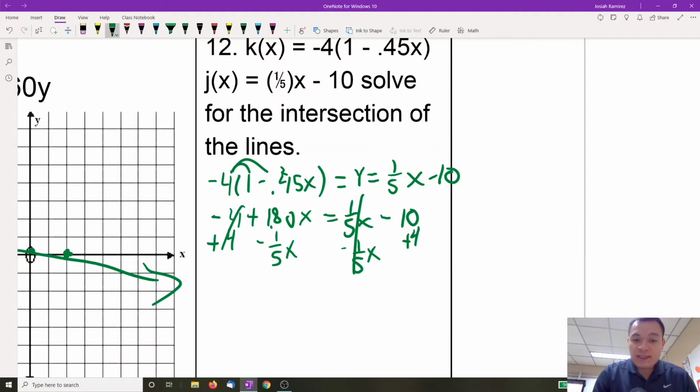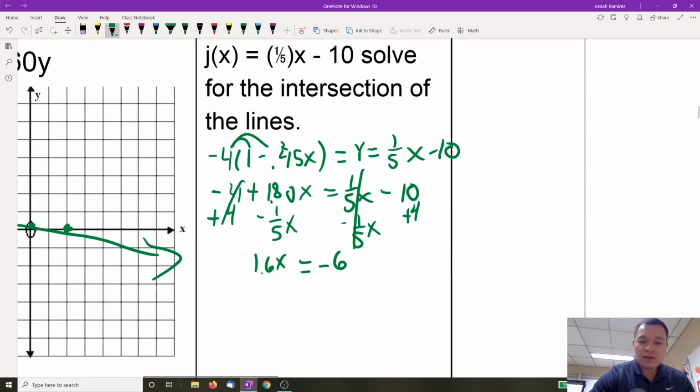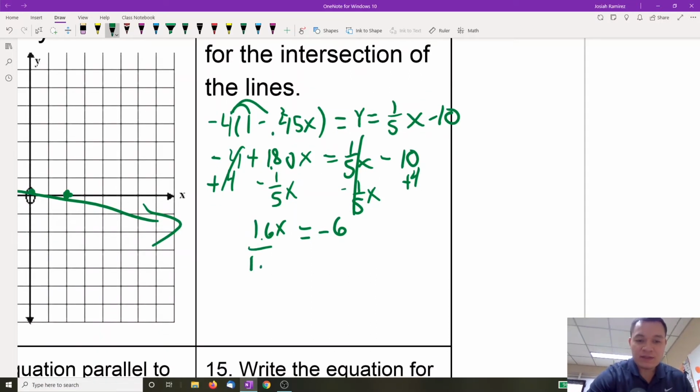Now I have 1.8x minus 1/5 x. 1/5 as a decimal is going to be 0.2. So 1.8 minus 0.2 is 1.6x equals negative 6. When I divide both sides by 1.6, I get x equals negative 3.75.